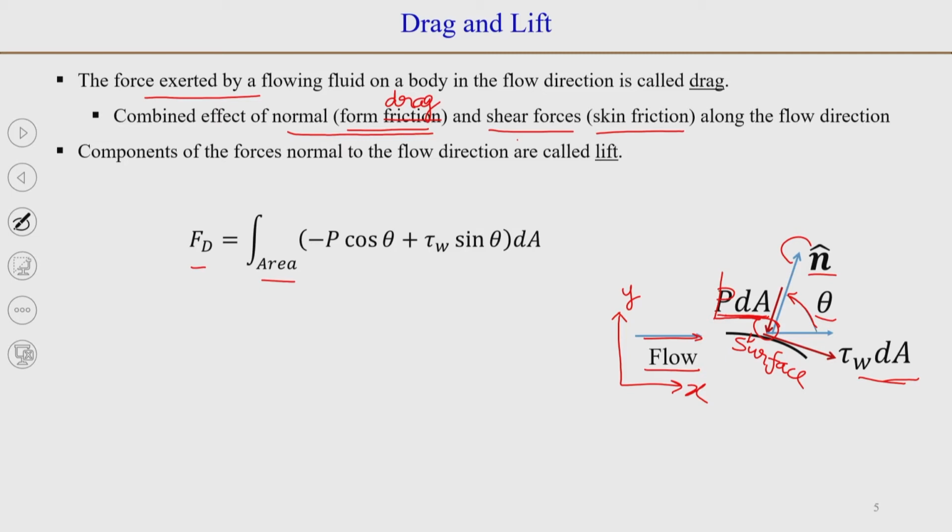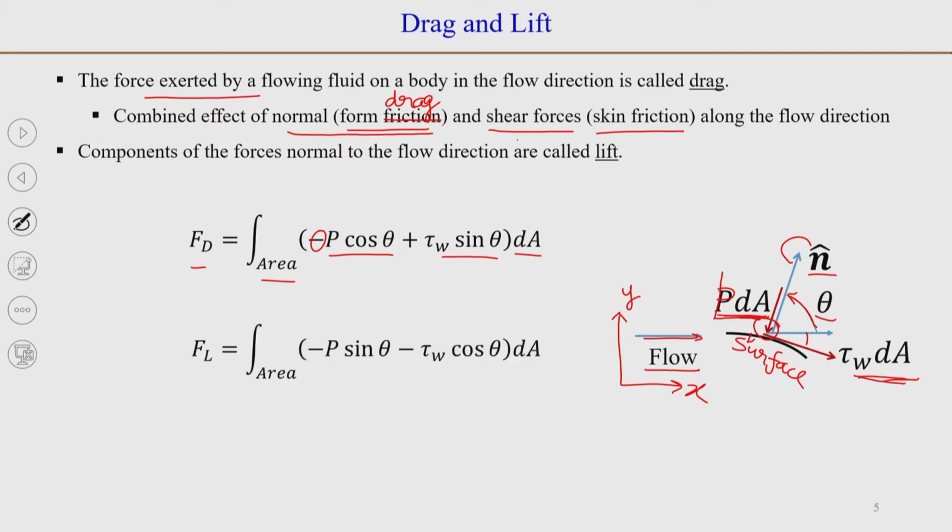So, P dA cos theta will be the contribution of pressure force towards the drag here, and the minus sign because this acts in the negative direction. Similarly, the component of tau w dA will be tau w dA into sin theta. So, that will be the contribution from the shear stress.